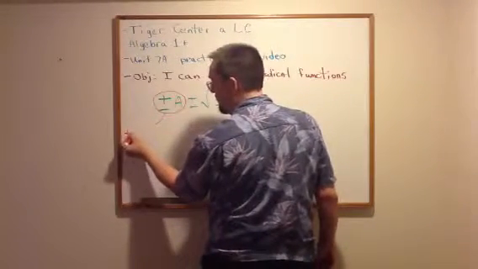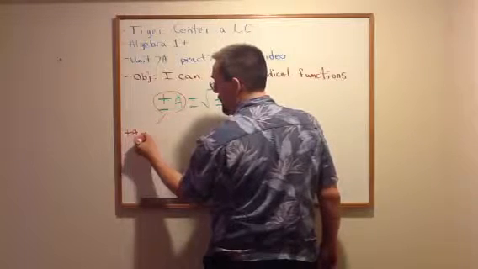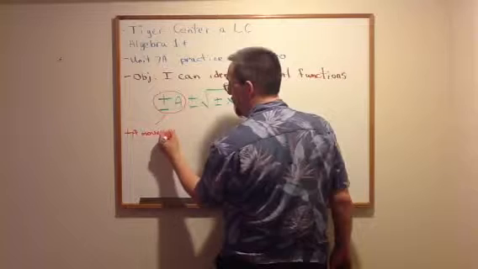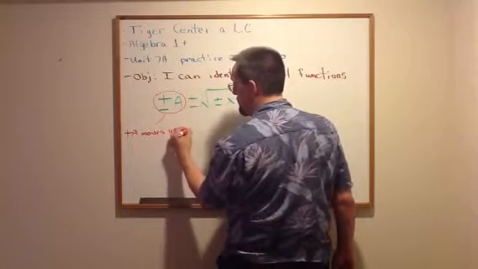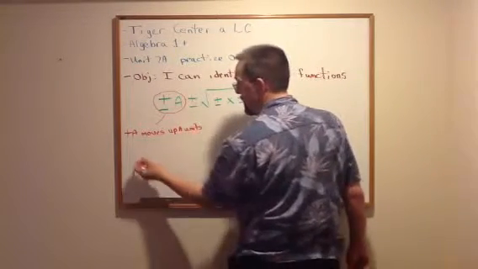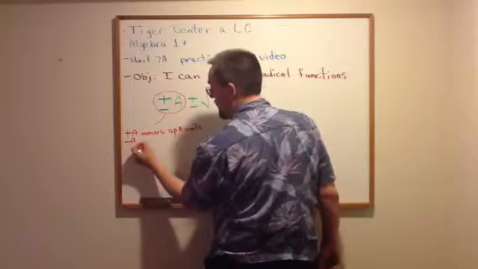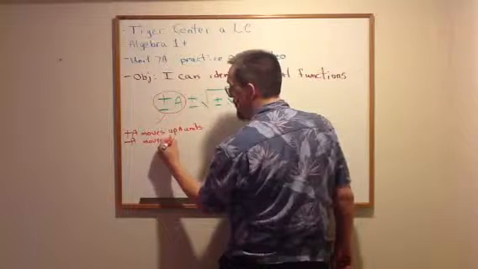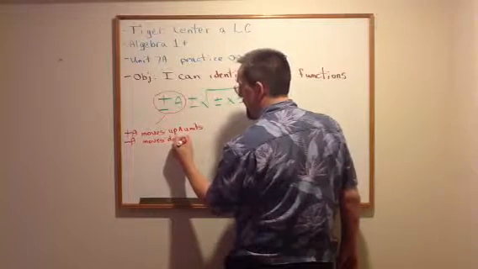If we have a positive a, that moves the curve up a units. If we have a negative a, that moves down a units.